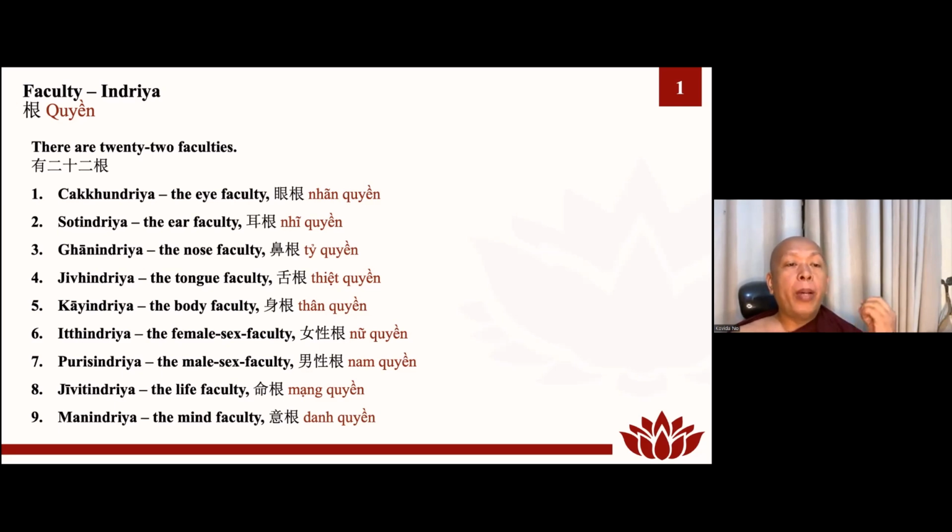When we talk about mentality, we have the 7 universal mental factors. Among the 7 universals, one of the mental factors is Jivitindriya, the life faculty. In the same way, when we study Rupa, we can also know the same thing: Jivitindriya, the life faculty.